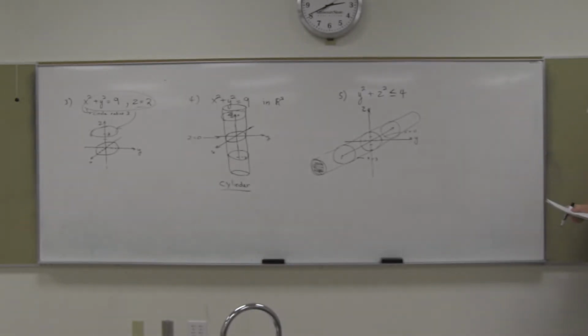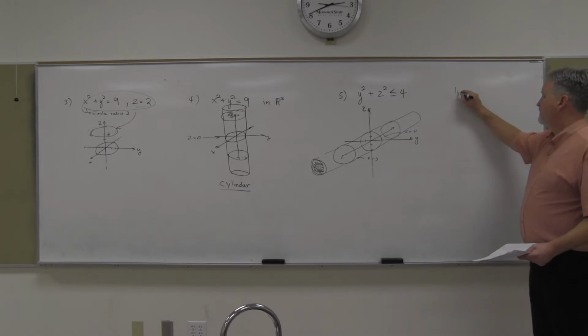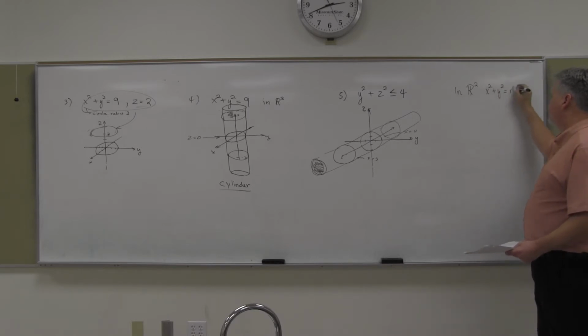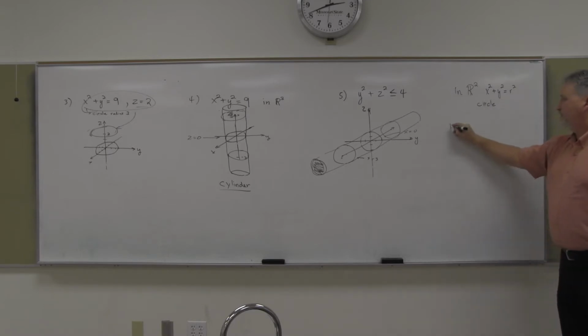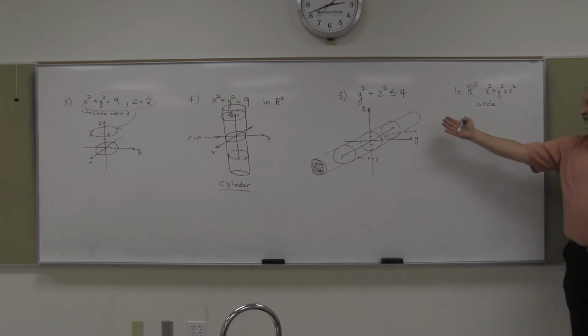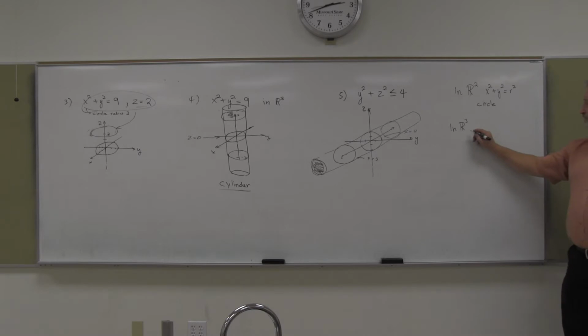All right, now, I guess while we're at it here, in R2, x squared plus y squared equals r squared, that's a circle. Now, when we go to R3, the three-dimensional counterpart to the circle, so this is not what I would consider the three-dimensional counterpart.